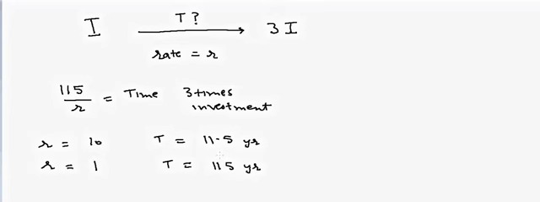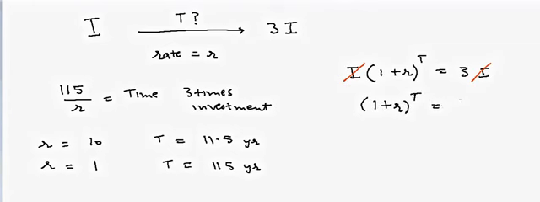So why does this happen? Let's try to solve this problem with the journal approach. We have our investment, and we multiply it by one plus the interest rate, and each year it is compounded, so we raise it to the power t, and that should be equal to 3I because we are looking for the investment to grow 3 times. In that case, I will cancel out, and we're left with 1 plus R raised to power t equal to 3.